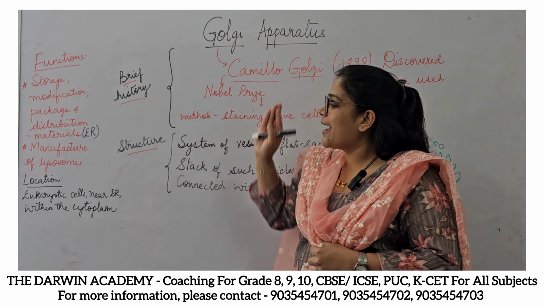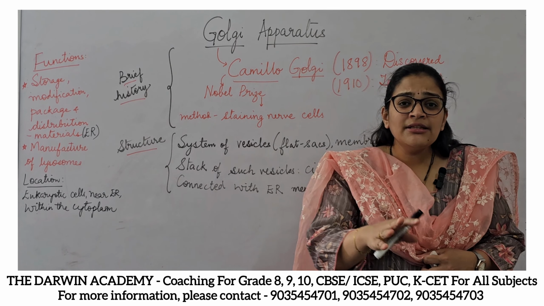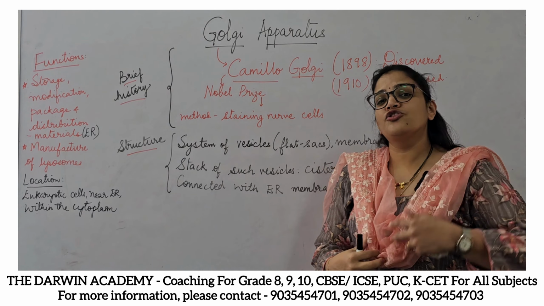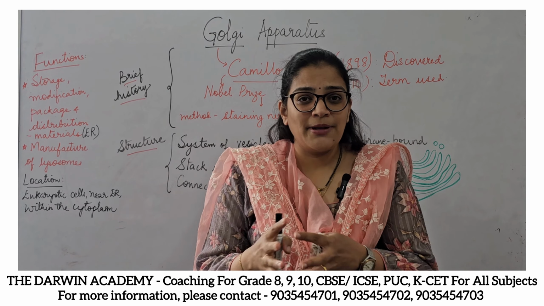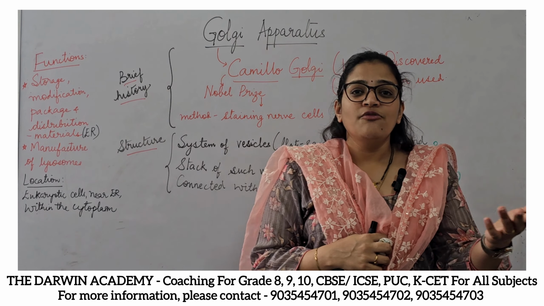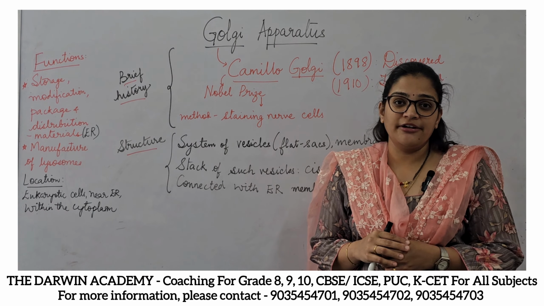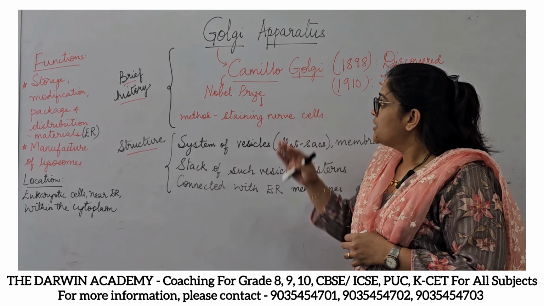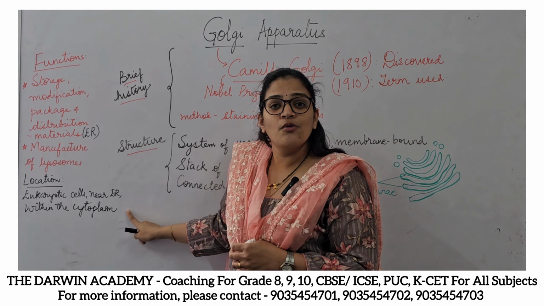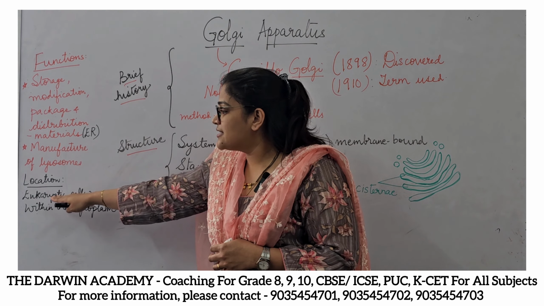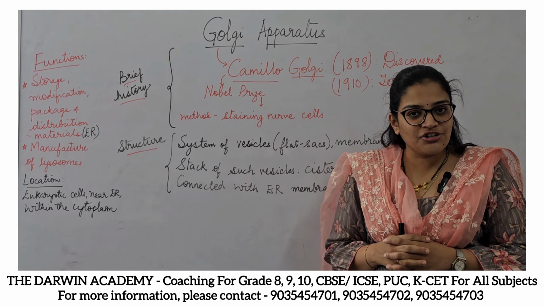We find the Golgi apparatus in all eukaryotic cells, within the cytoplasm and very close to the endoplasmic reticulum. By the way, if you have not watched the endoplasmic reticulum video that I have put out very recently, please go back and check that out. I have discussed the endoplasmic reticulum in that video in detail. So the Golgi apparatus is found very close to the endoplasmic reticulum within the cytoplasm, and it is present in all eukaryotic cells.